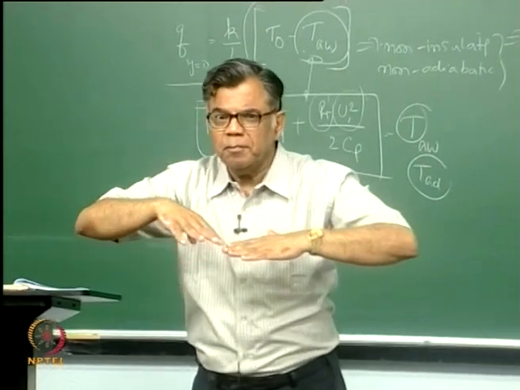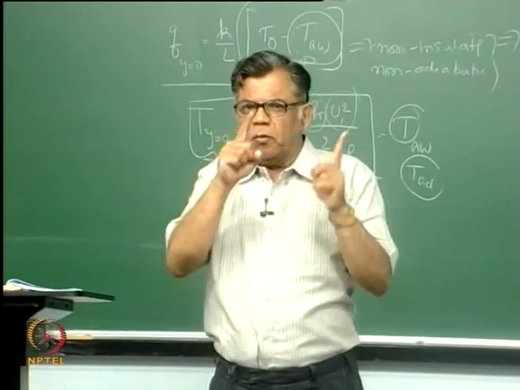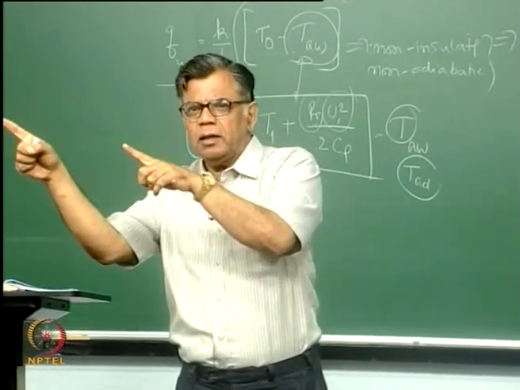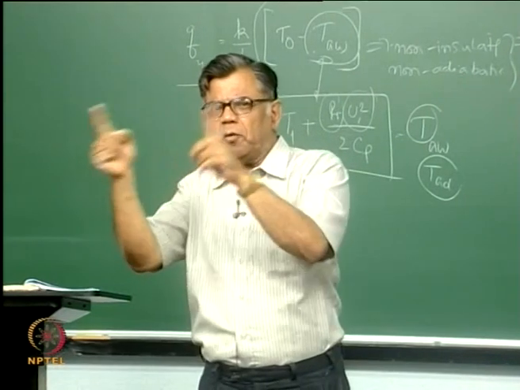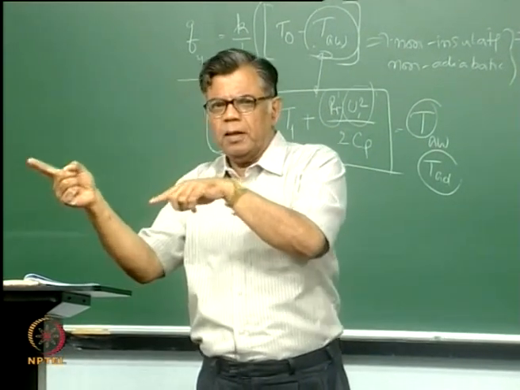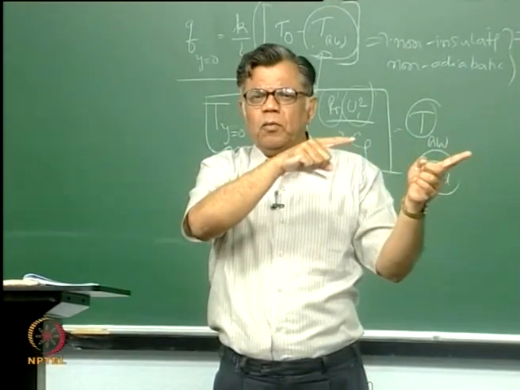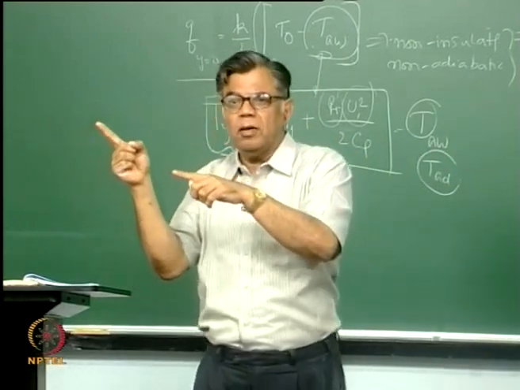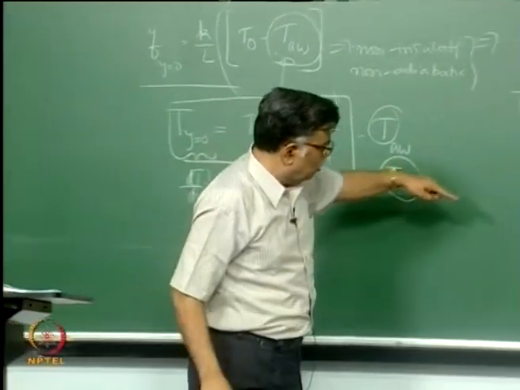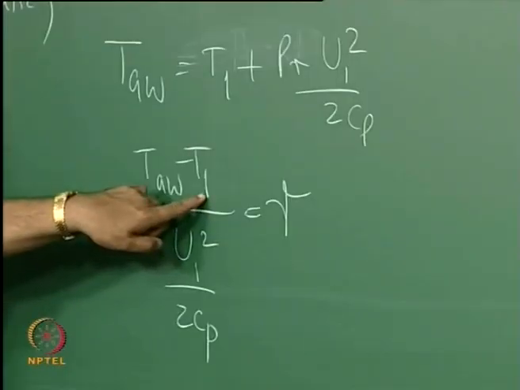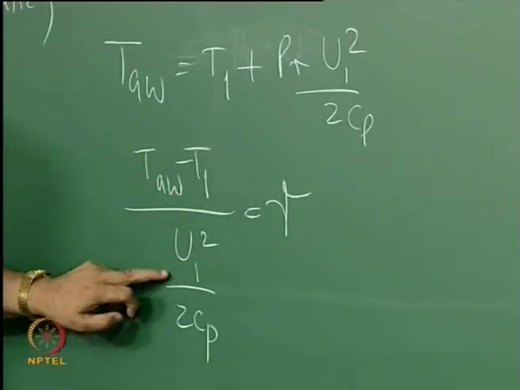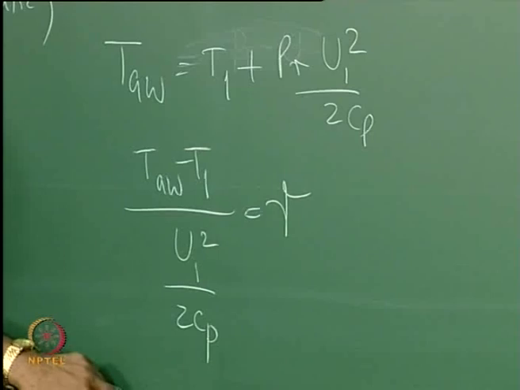That is a boundary layer flow, isn't it? Now, what is T1 corresponding to then? In boundary layer flow, what does T1 correspond to? And U1 corresponds to? So, suppose you put T_AW minus T infinity, U infinity by 2Cp. Now, do you recollect what it was?